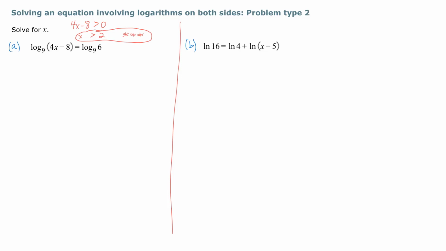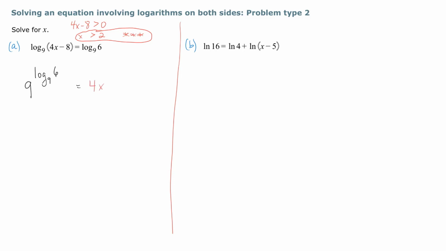Well, notice there's a constant on your right. That's just a number. That's a constant. So we could actually use the definition of log right now. The definition of log says this is 9 raised to the exponent, the exponent is log base 9 of 6, is now equal to the argument.